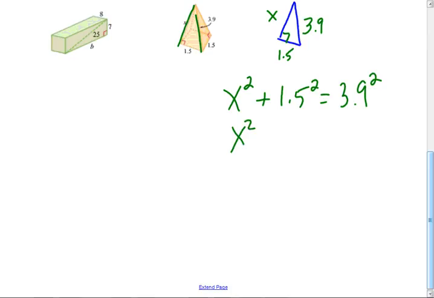I know what 1.5 squared is because it's 15 squared, which is 225, and there's a decimal in there. But I don't know what 3.9 squared is. Cole, do you know?